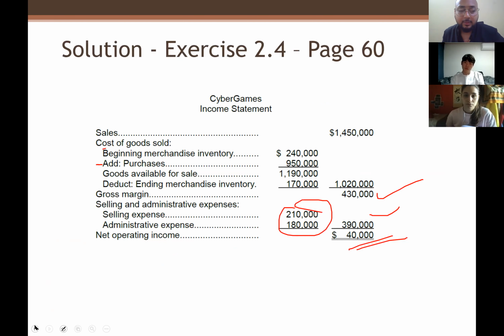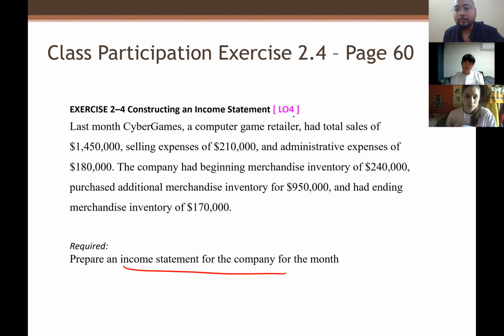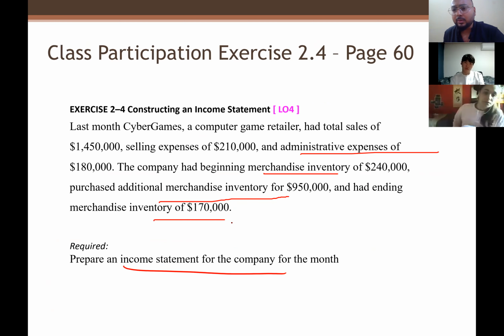No other information. If you look at the question here, there is no information regarding the nature of the administrative expenses, the merchandise inventory, additional merchandising inventory, ending merchandising inventory. We don't know the behavior of these.